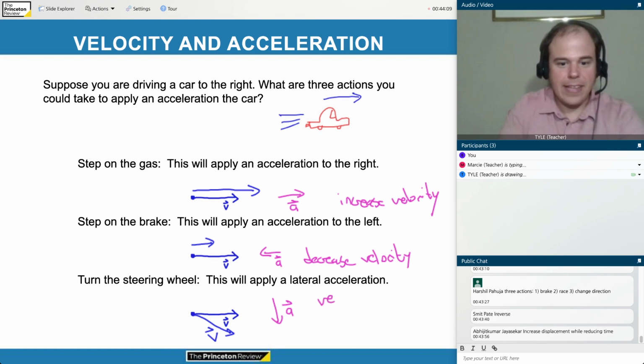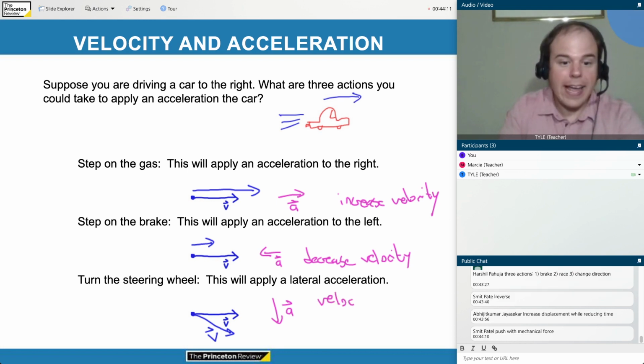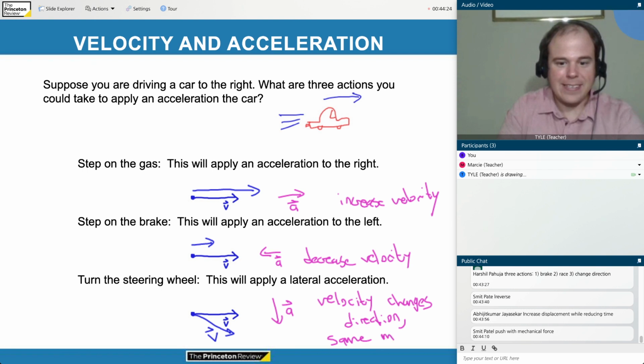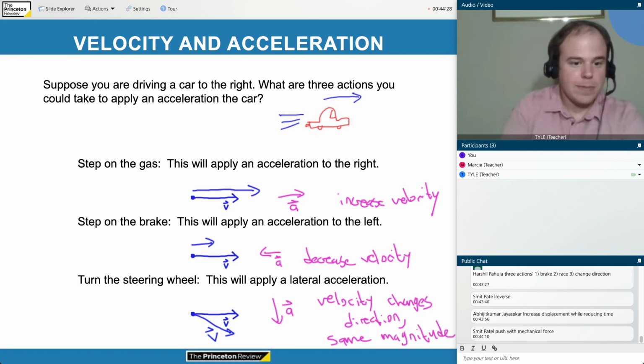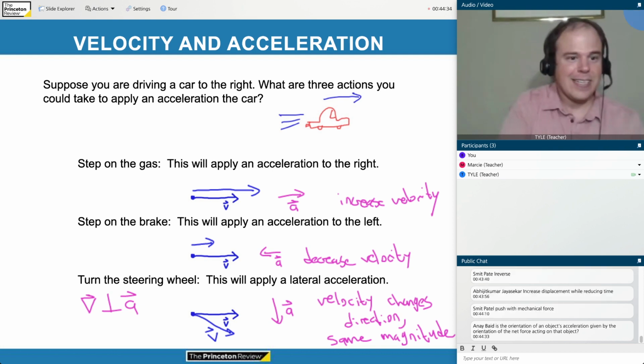Okay, if we apply an acceleration at right angles to the velocity, it changes direction, but keeps the same magnitude. All right, and this was because the velocity and the acceleration were at right angles. So I'm showing that they're at right angles by using this little perpendicular sign.